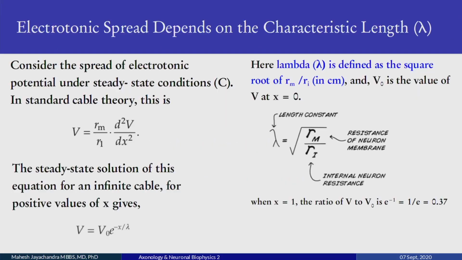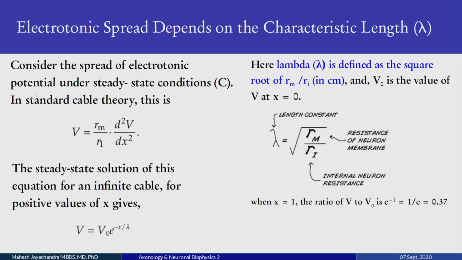Okay. So we were talking about passive spread, or electrotonic spread, of potentials across dendrites and across axons, and this depends on something called the characteristic length, or lambda. So consider the spread of electrotonic potential under steady state conditions.